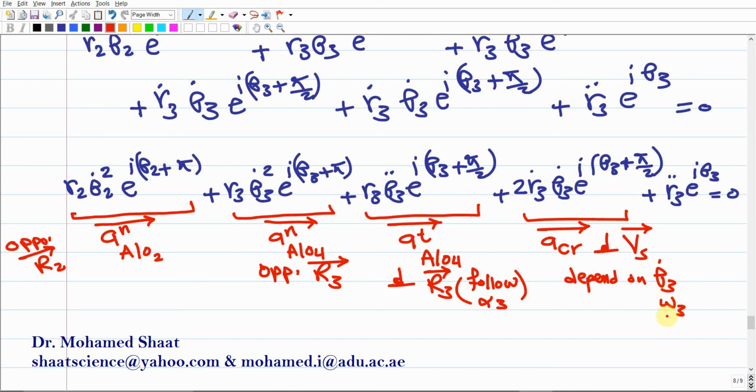Make sense? As we explained in the previous lecture, we explained how we can identify the direction of the Coriolis acceleration, and this is also what we're going to discuss through this example.